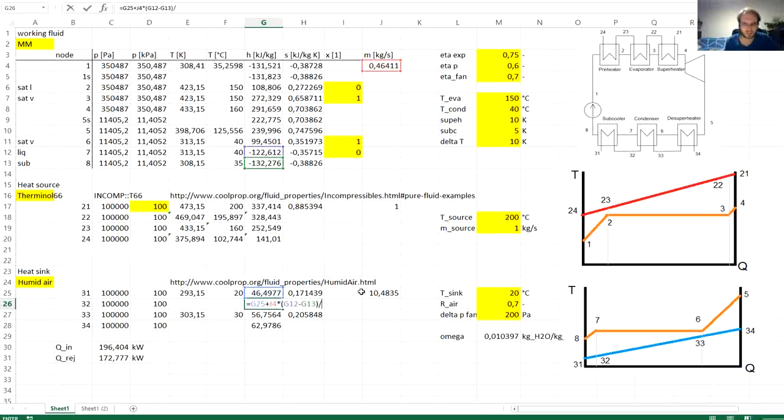And this again divided by the mass flow rate of the cooling air in here.